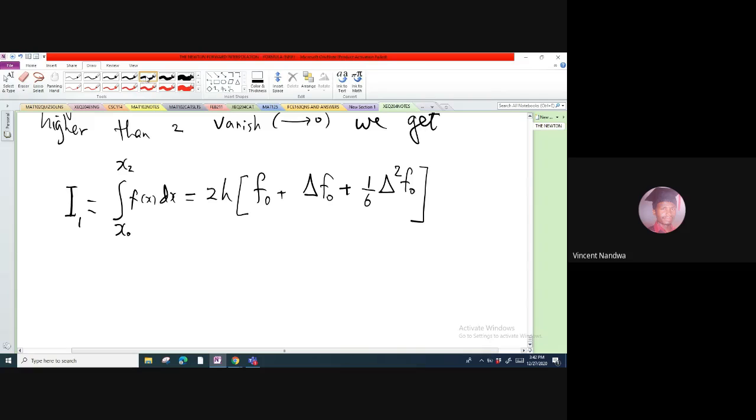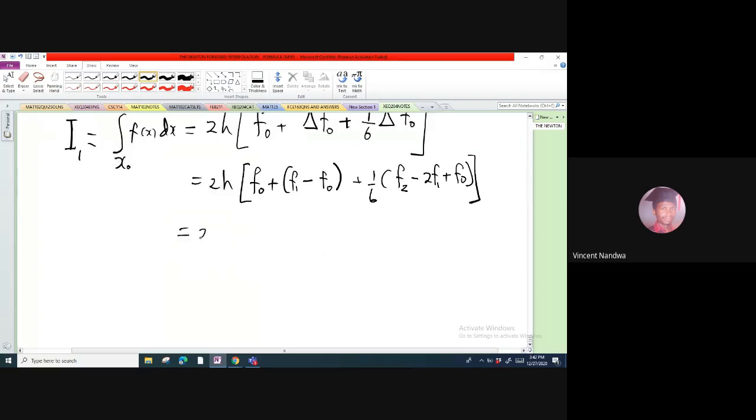So we have 2h into f0 plus, the definition of this one is given by f1 minus f0, plus 1 over 6 into f2 minus 2f1 plus f0. You remember how we used to simplify this one when we were introducing our differences?